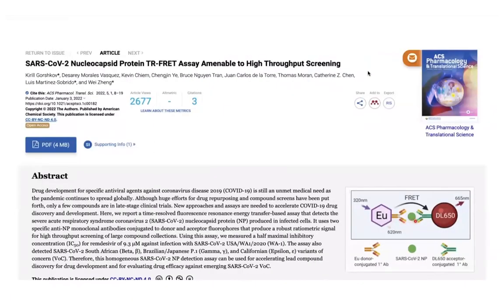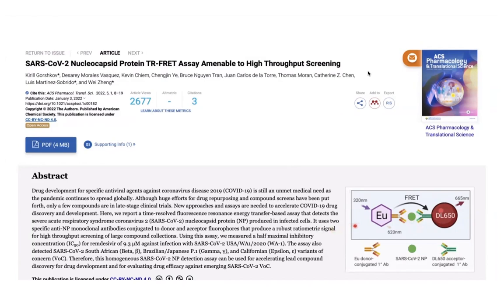One example is you can have antibodies that are labeled with fluorophores. And if you have two different antibodies that recognize one of the COVID proteins, like the nucleocapsid protein, NP, what's going to happen is, when you have two antibodies, one a donor and one an acceptor, bind to that NP protein, they're going to be close enough together that you're going to get FRET.